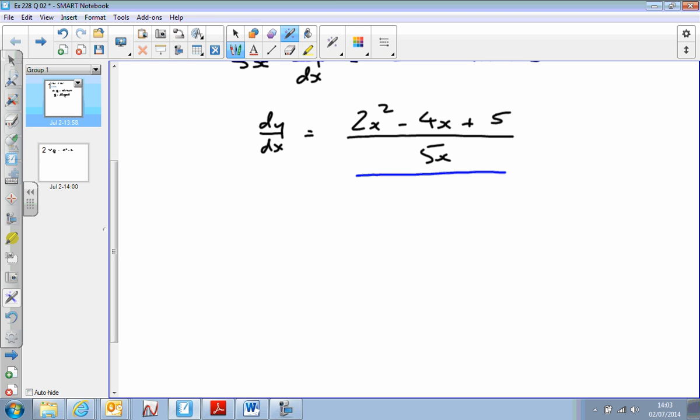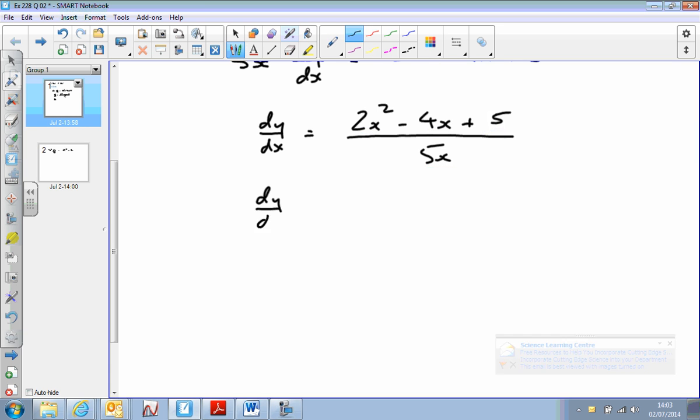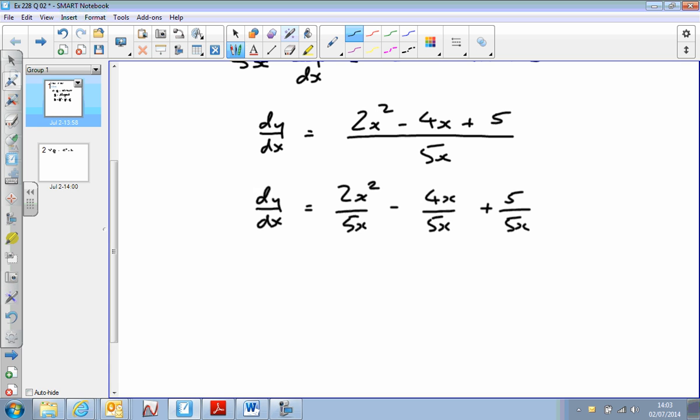Because I want to integrate it, I could really do with each of these terms separately being divided by the 5x, and then simplify that and integrate what I'm left with. So the best way to write the right hand side is 2x squared over 5x minus 4x over 5x plus 5 over 5x.